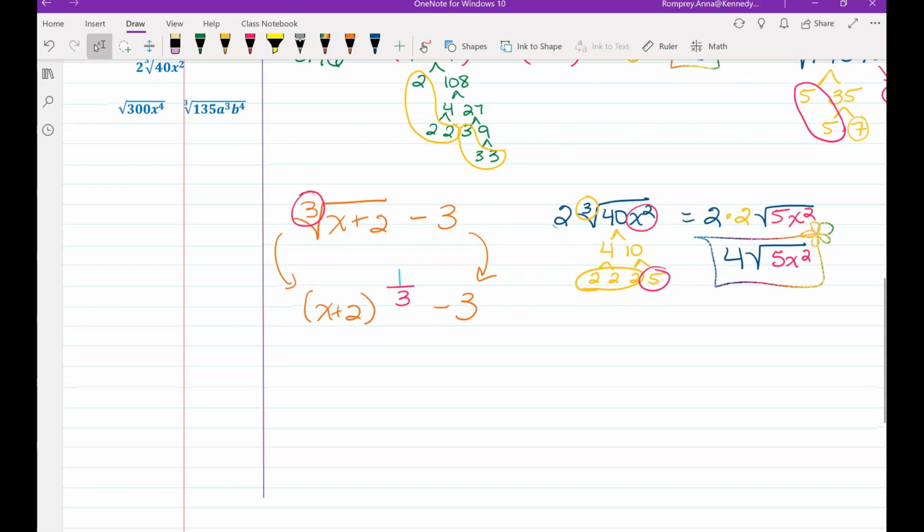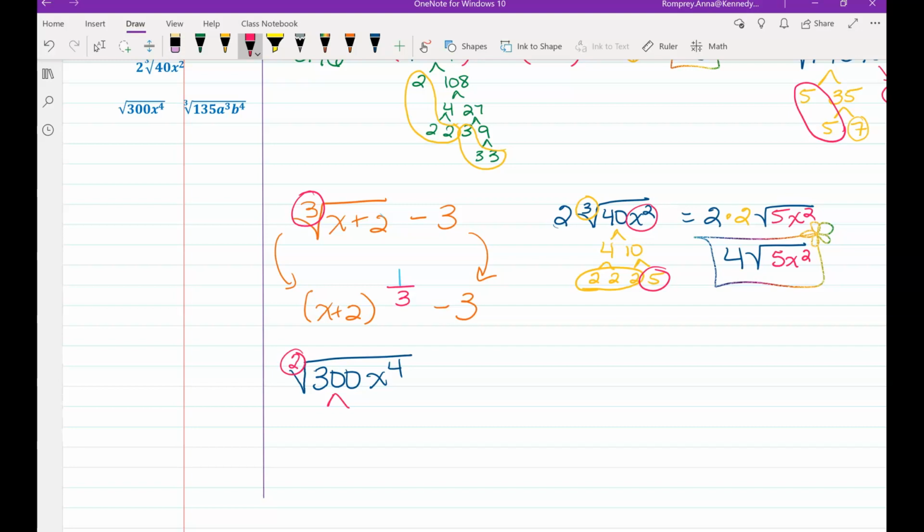Okay. Next one, square root of 300x to the 4th. So what is your index? Well, there is no index, so it is an implied 2. 300. Ooh, I do not want to start by breaking that down by 2's because that'll take me forever to factor.